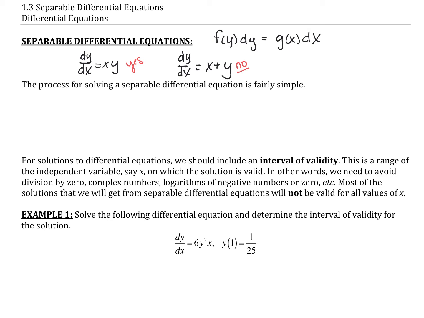All right. The steps to go through solving a separable differential equation are very, very simple. Within the steps it can get a little messy, but the steps themselves are pretty easy. One, the first thing that we want to do is separate them.